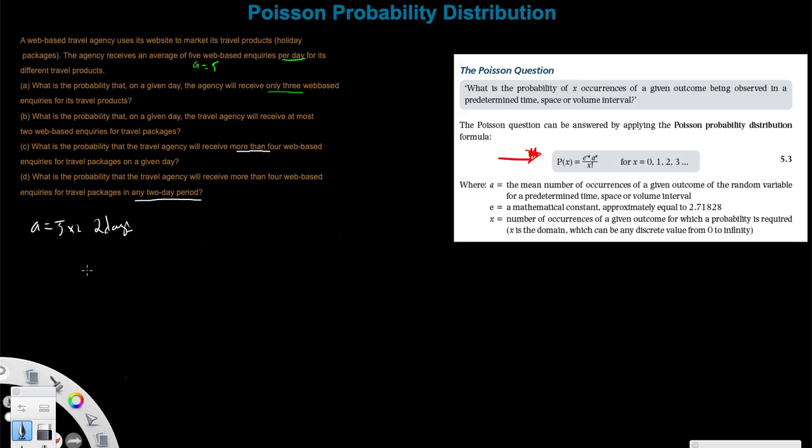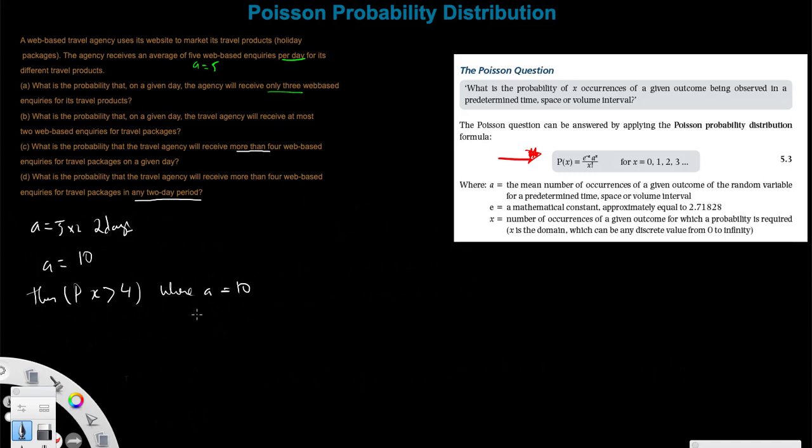Now for 2 days, our A will be equal to 10. Always make sure that you pay attention to such detail. Then finding the P of x greater than 4, where A is equal to 10. This is what we are looking for.